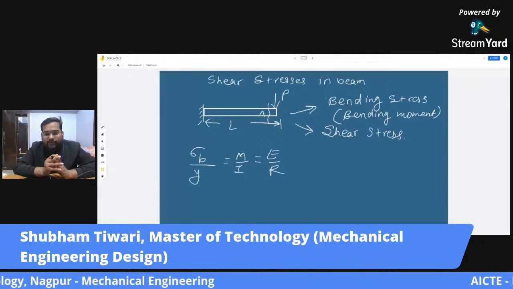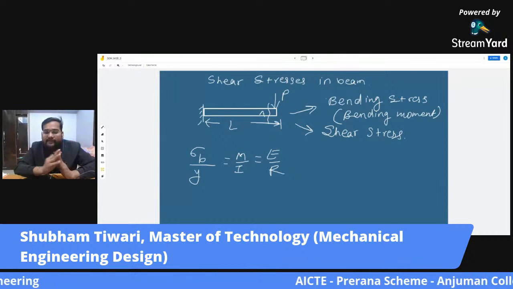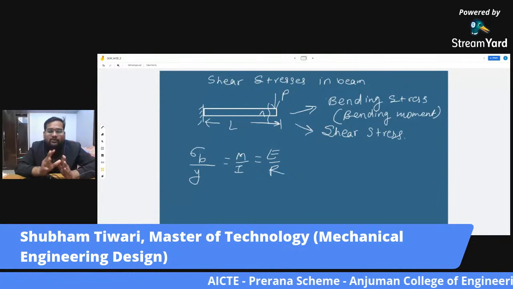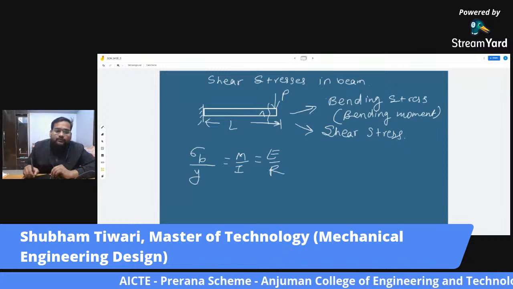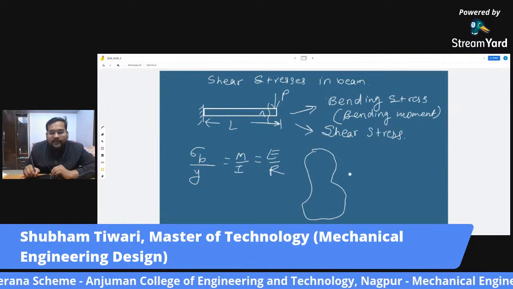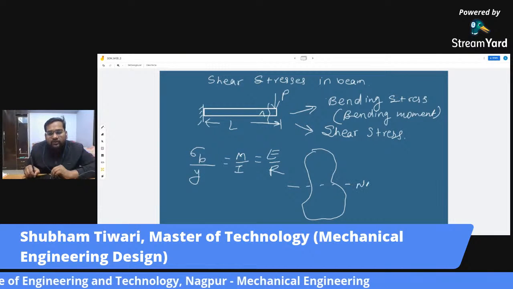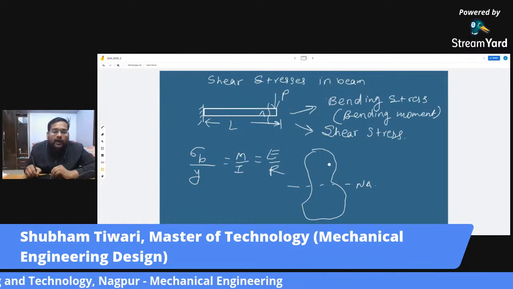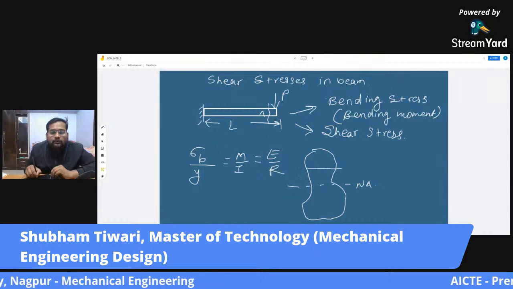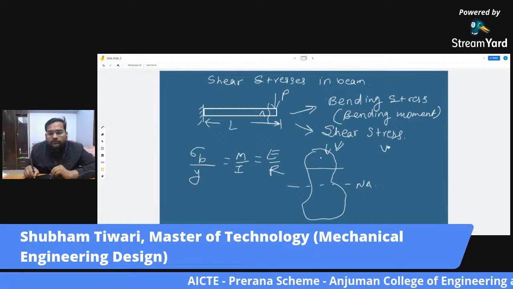In this section we will see how to find the shear stress. So let us say this is some beam of arbitrary shape. This is the cross section of the beam. This is your neutral axis, and V is your shear force.